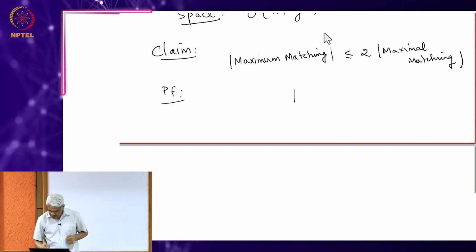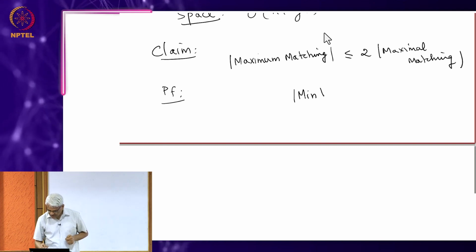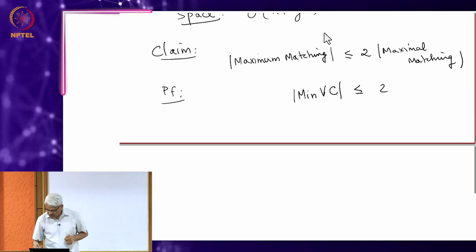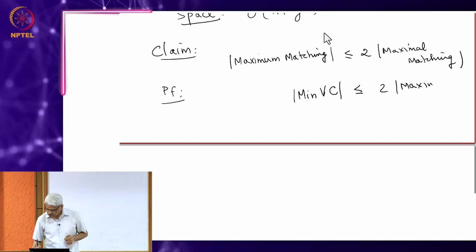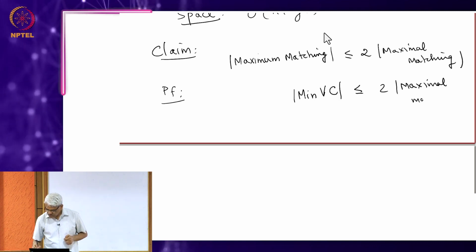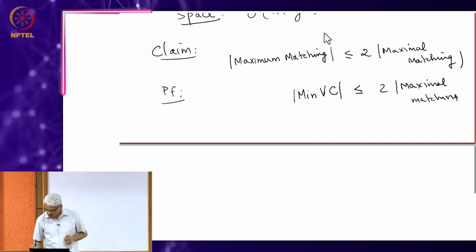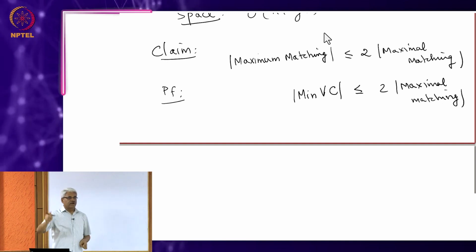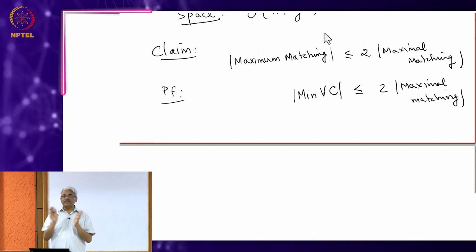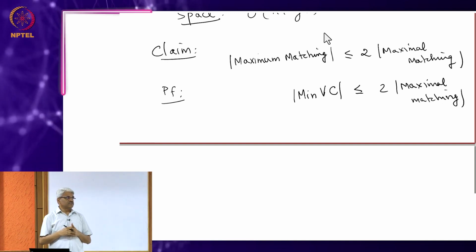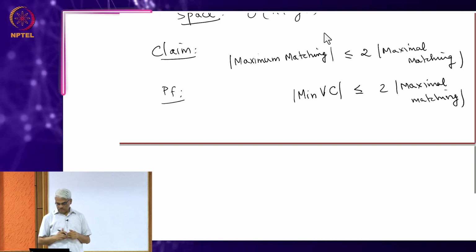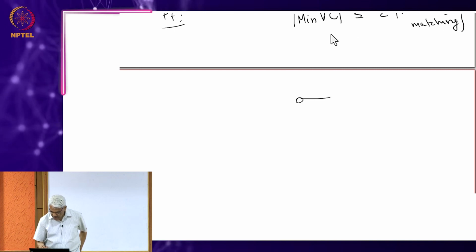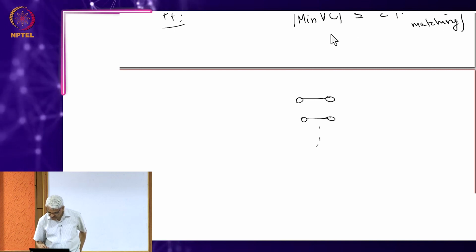One can show that minimum vertex cover is at most 2 times maximal matching. Why? Because if you take the set of vertices in a maximal matching, they will cover all the edges. Is that clear? So, this is my maximal matching.